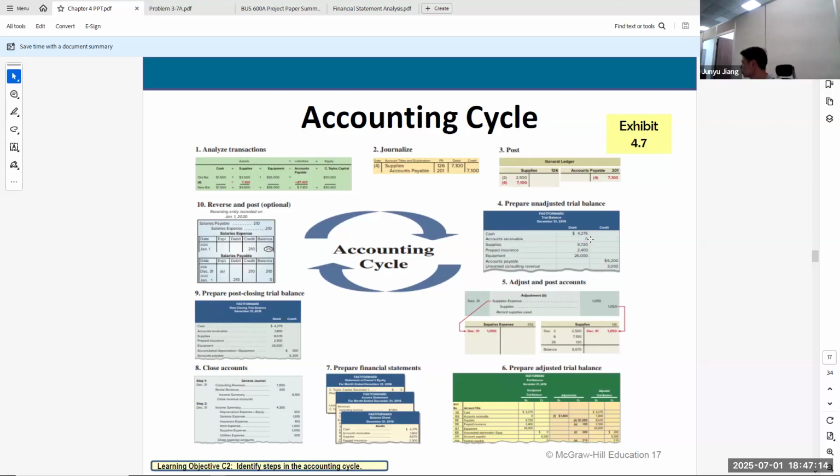There should not be 2 numbers for cash. There should not be 2 numbers for receivables. You should net out the debits and credits and have whatever the account balance is on the debit or credit side. Some of us had two numbers for each account. That's not possible. You have to summarize those as a total account balance. That was the main problem for some of us in assignment 1.